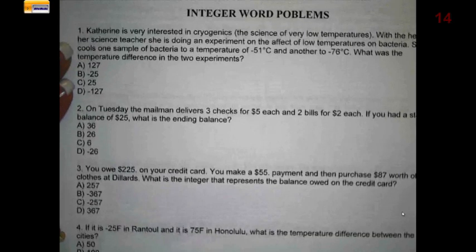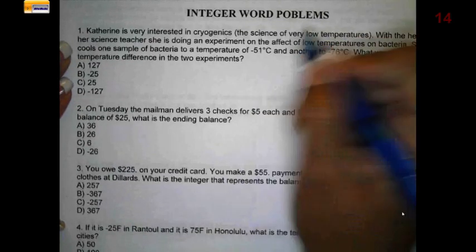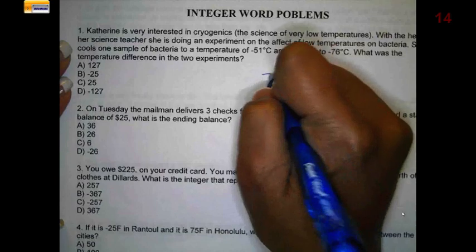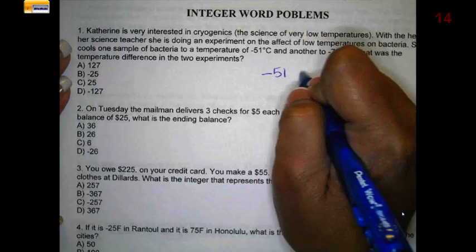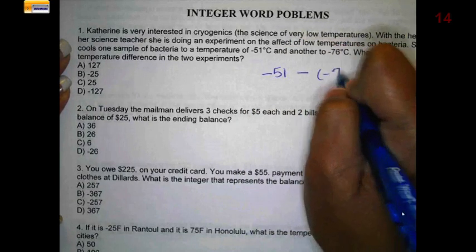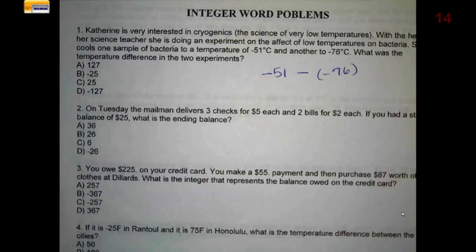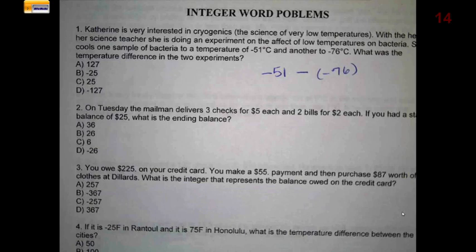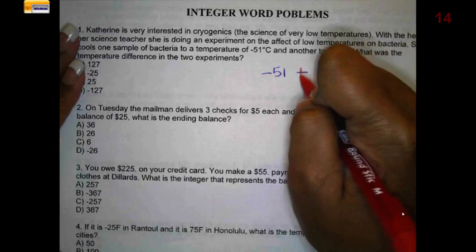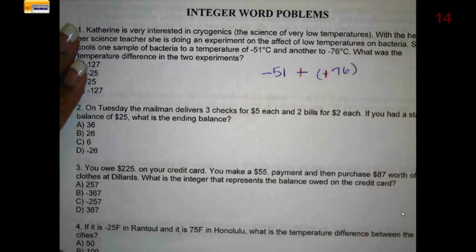Yeah, well, the difference would be a negative 51 minus a negative 76. What am I supposed to do when I take the difference of two numbers? I'm supposed to go plus the opposite. You have to remember those rules. Well, after I've done plus the opposite, then I need to add it.